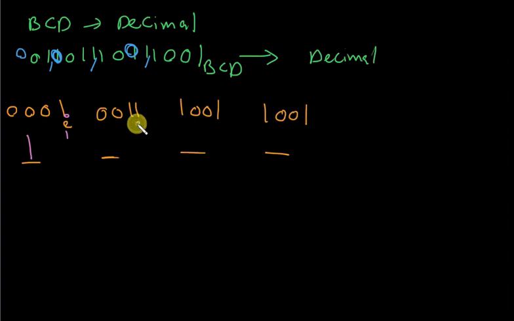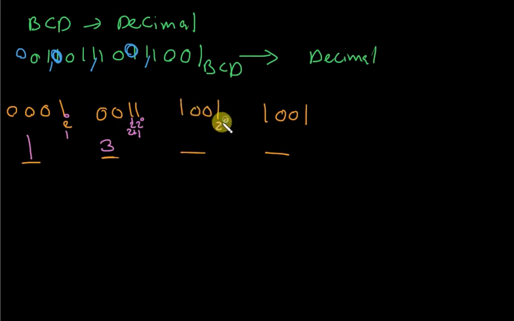Okay, and then this is 2 to the power of 0, this is 2 to the power of 1. The rest of them are 0, so they don't matter. So this is 1 and this is 2. If we add these two together, it will give us a 3. So that's 3.